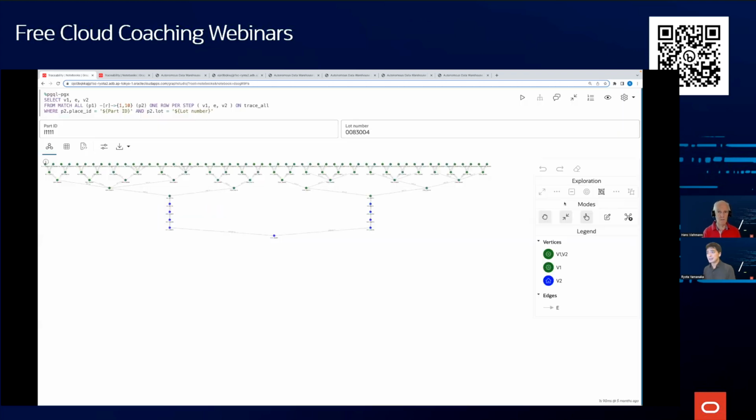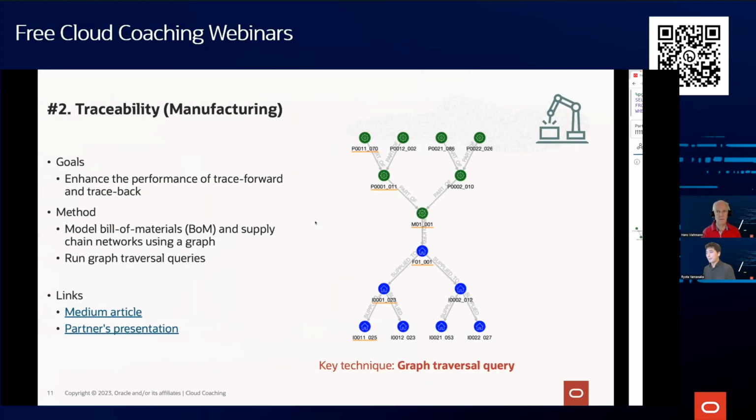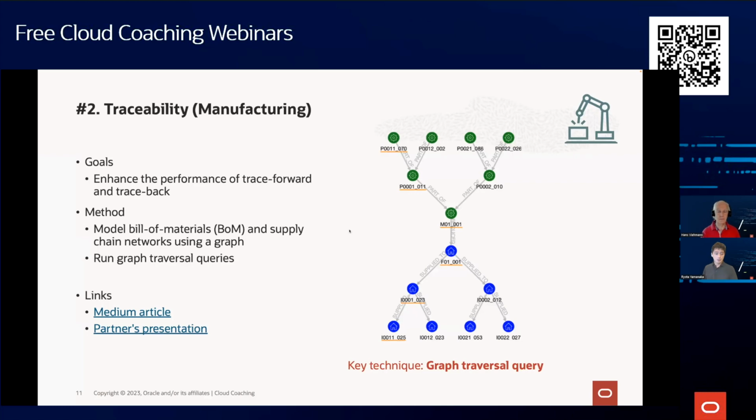So this is the second use case in manufacturing. Hans, any comment here? I haven't seen any immediate questions on traceability in manufacturing in the Q&A box, but maybe just to highlight the key thing again here, which Ryota was showing.